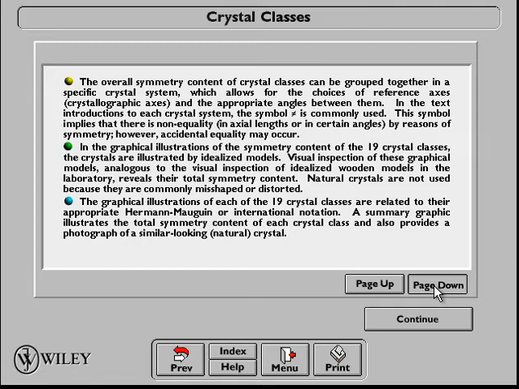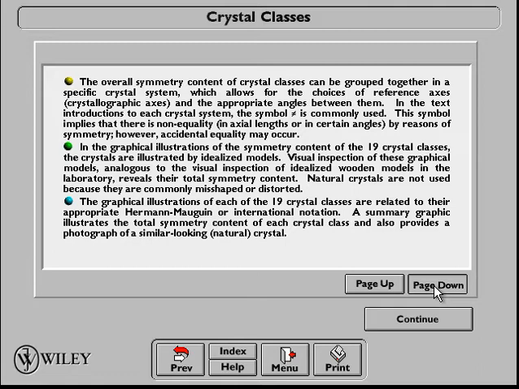Natural crystals are not used because they are commonly misshaped or distorted. The graphical illustration of each of the 19 crystal classes is related to its appropriate Hermann-Mauguin or international notation.